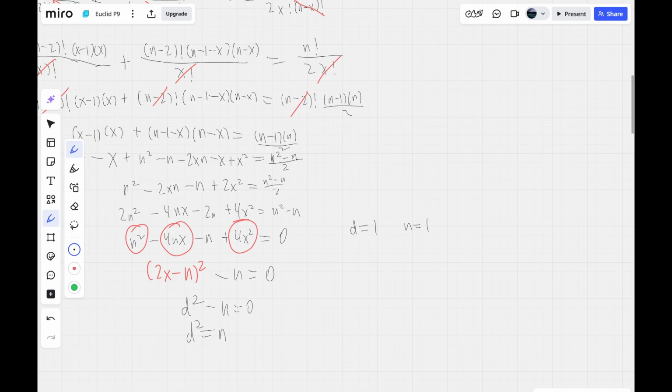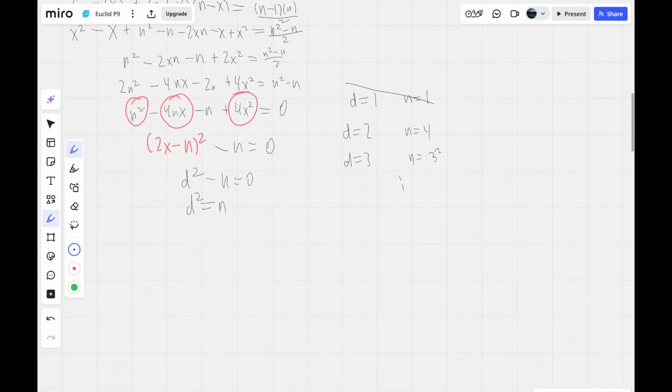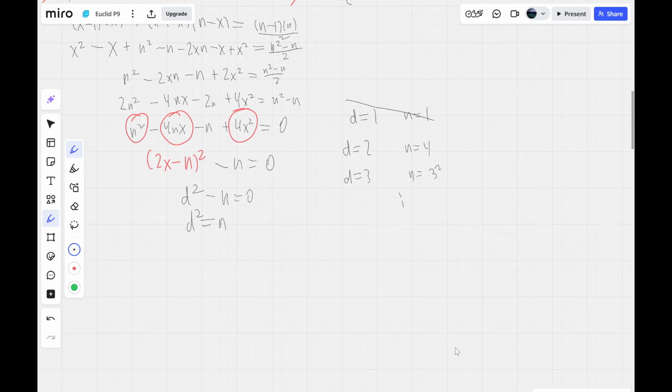This doesn't work because n is not at least 2 here. But if d equals 2, then n equals 4, which is 2 squared. d equals 3, n equals 3 squared, and so on. These are all the solutions, and this goes all the way until d squared exceeds 2024.